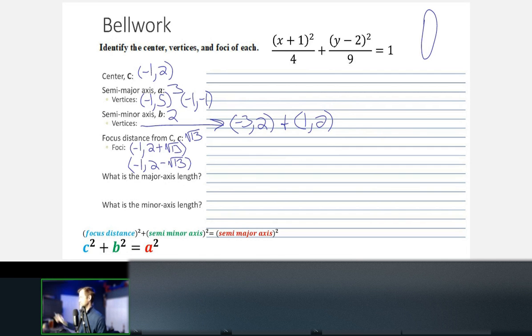All right, those look good. Just kind of speeding through these. And then the major axis length is 2a, so 2 times 3 is 6. So that's going to be 6 units. And then our minor length is going to be 2 times 2 gives us 4. All right, everything look good?